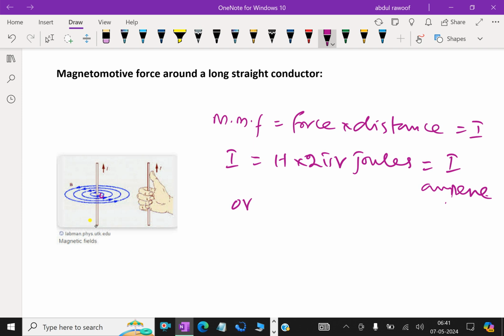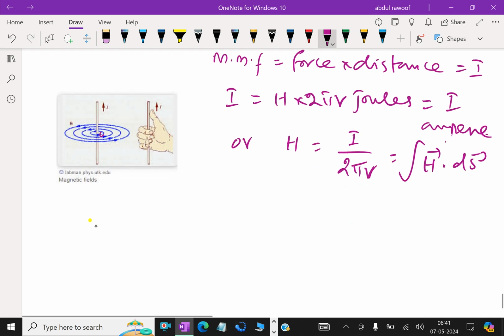We can say H equals I over 2 pi r, which is further equal to the integral of H vector dot ds, equal to I amperes.